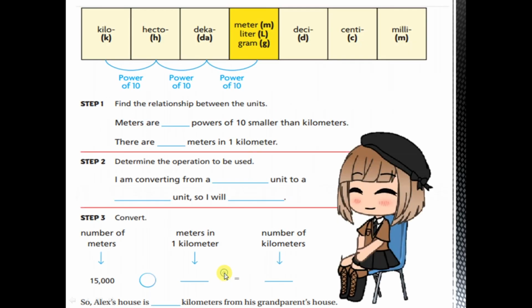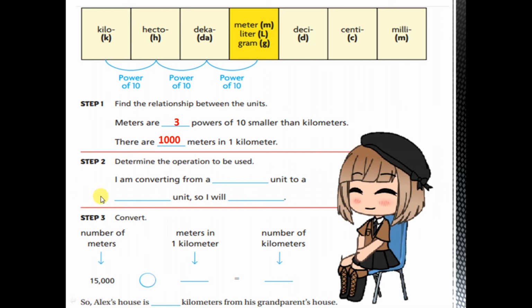Let's see the whole example again. Find the relationship between the units. First, meters are how many powers of ten to get kilometer? This is 3 tens, so 10 with the power of 3. So how many meters are in 1 kilometer? 10 times 10 times 10 is equal to 1000.